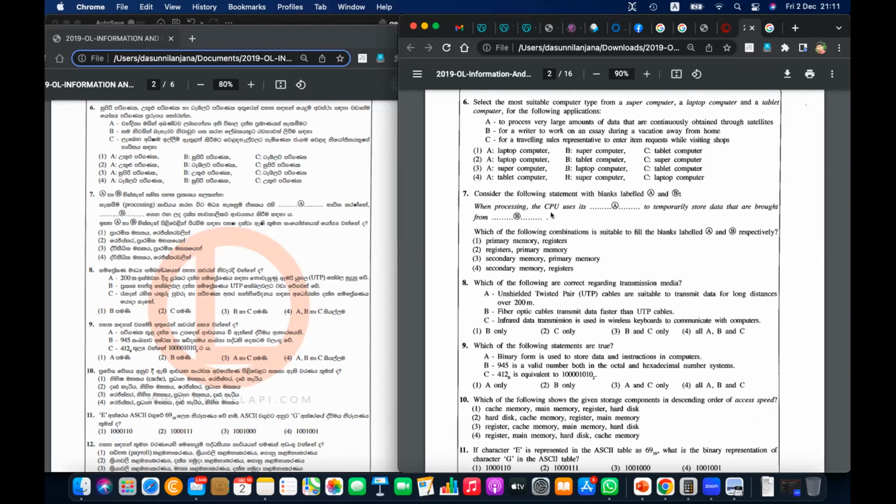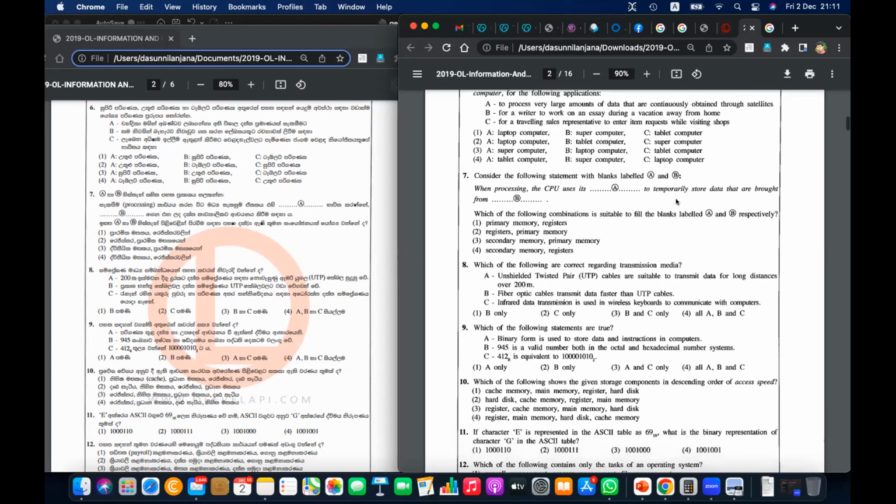When processing, the CPU uses its blank to temporarily store data that are brought from somewhere. What is inside the CPU? The CPU uses its registers or cache memory. Registers are small memory cells inside the CPU.